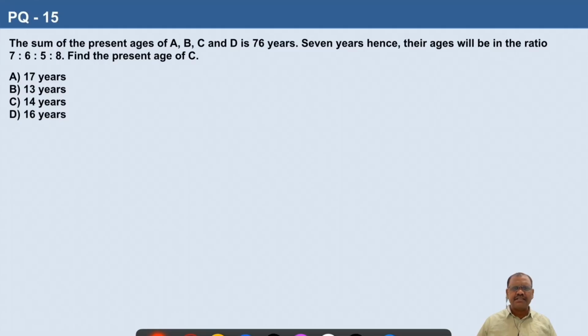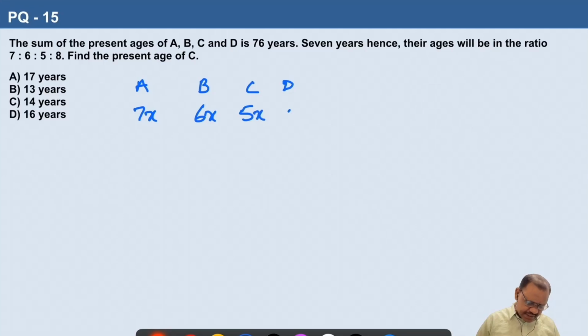Find the present age of C. So 7 years hence, let us assume A, B, C, D as 7x, 6x, 5x, 8x. This is 7 years hence, that is, plus 7 years.